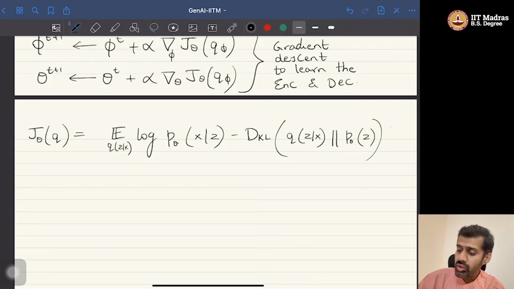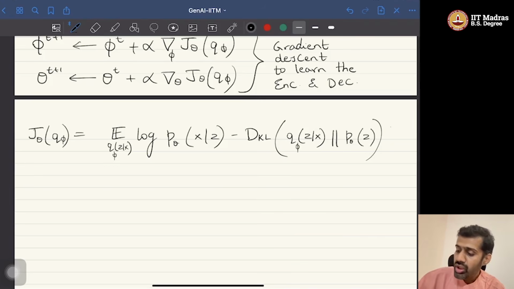Now what we need to do is compute the gradient of this particular term with respect to the encoder parameters phi and the decoder parameters theta. Since we have represented the encoder function using a neural network, all the q will be parameterized by phi.